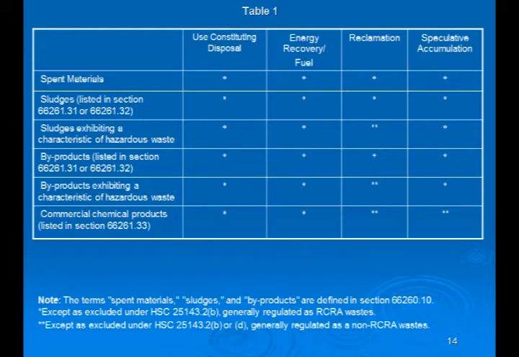Right? That's different than the federal scheme, which says certain materials, when recycled in certain ways, are not solid waste, and hence not hazardous waste. All right, so I think I just went over this. But basically, this slide shows you what the table says in words, rather than in a pictorial view.